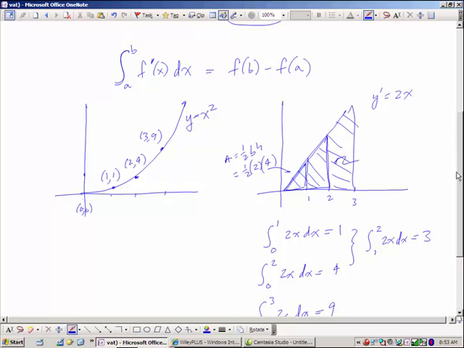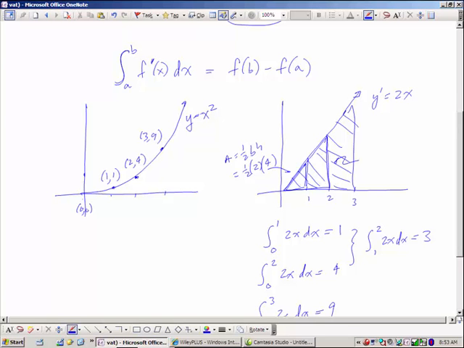So I want you to think about this. First semester, if we looked at the derivative and we saw that the derivative was positive, do you agree from 0 to 3 the derivative is positive? What would that tell you about the function? It's increasing. Here's what I want to tell you.